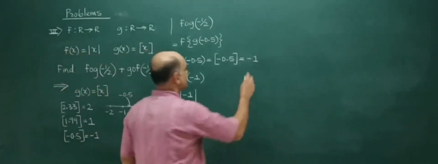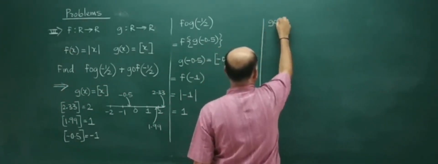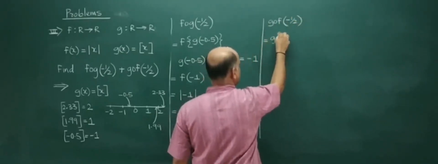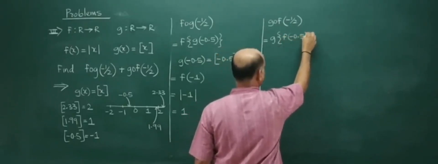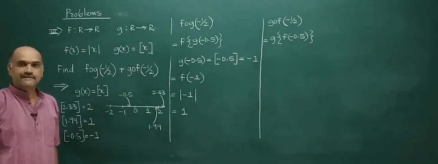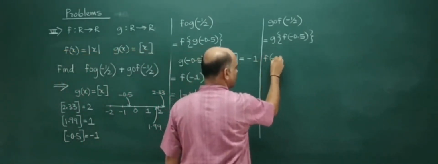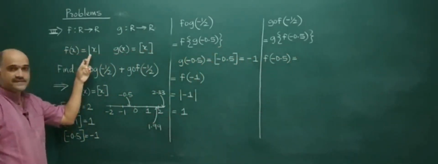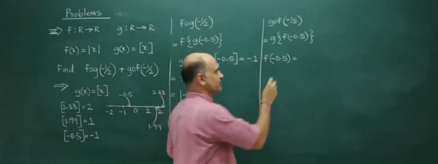Now similarly I will take g of f of minus 1 by 2. This is nothing but g of f of minus 0.5. First I will calculate f of minus 0.5. f of x is given as a modulus function, so mod of minus 0.5.